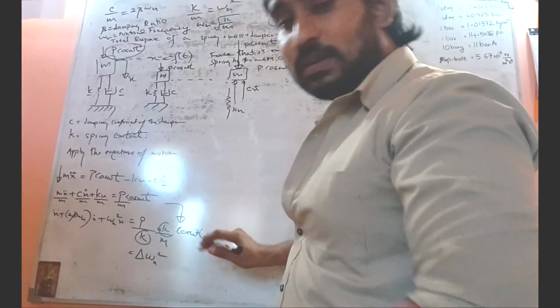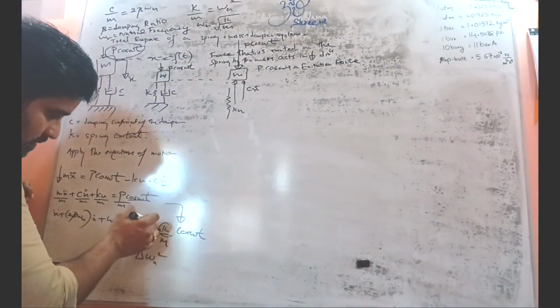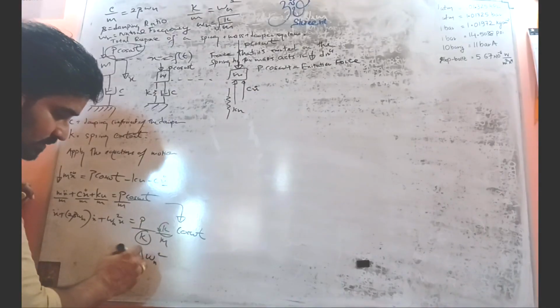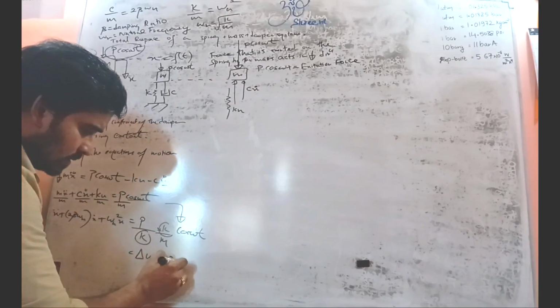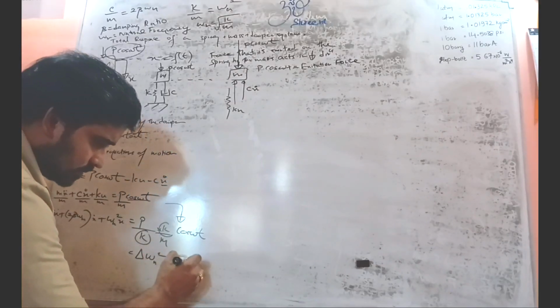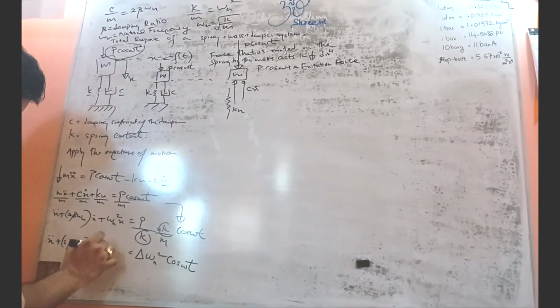So this cos omega t part will be there. Now P divided by k we can replace by this delta, static deflection. This is omega n squared, then cos omega t. I hope that part is clear. X double dot plus 2 beta omega n x dot plus omega n squared x.